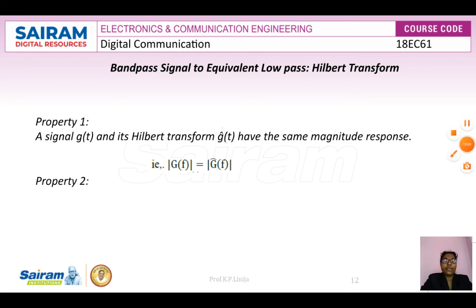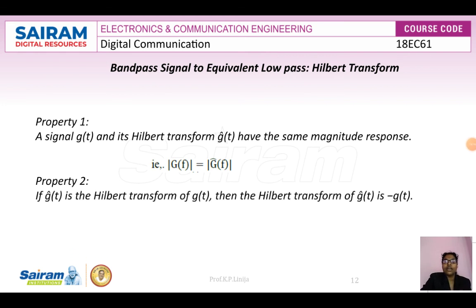Property number 1 is that it has the same amplitude spectrum. The second property is the autocorrelation function: whatever the autocorrelation function for g of t, the same will be for the Hilbert transform g cap of t.